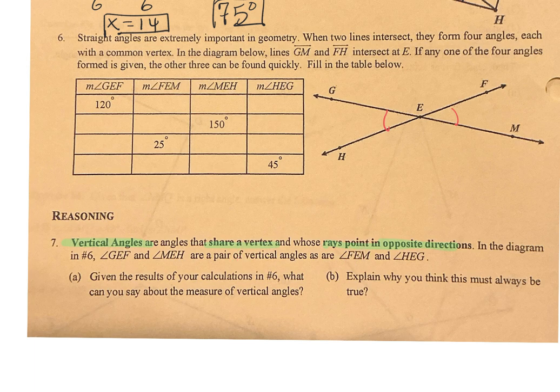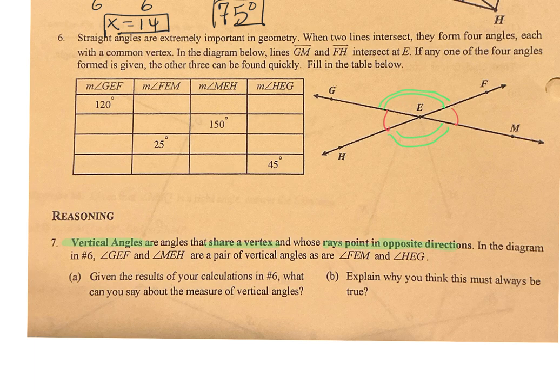They share a vertex, meaning that right here, E is the vertex of angle GEH and FEM. But they're opposite each other. Now, you may have a thought in your head about these guys right here. I'm going to do it in a different color, and put 2 green marks. Those are also vertical angles to each other.